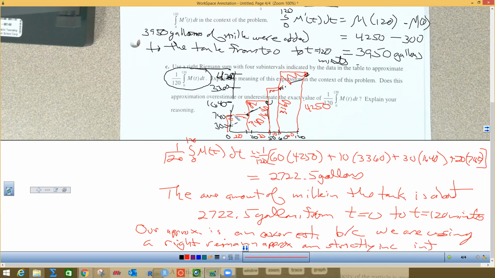Because if this graph is continually going up, the rights are all going to be greater than the lefts. That's why that strictly increasing thing came back into play there.